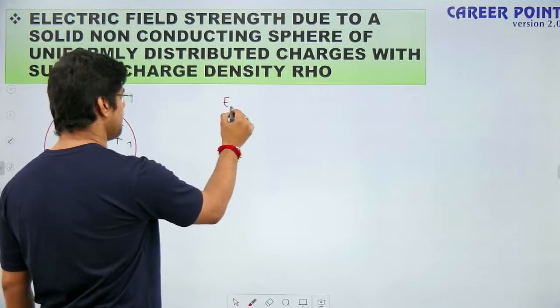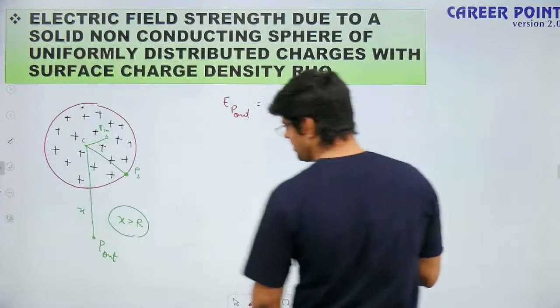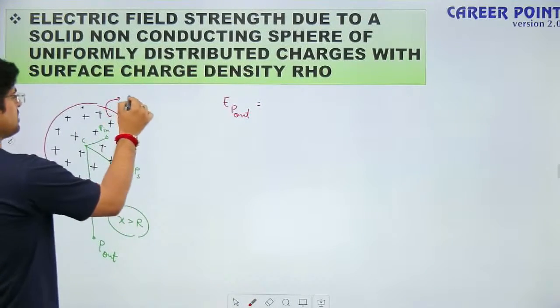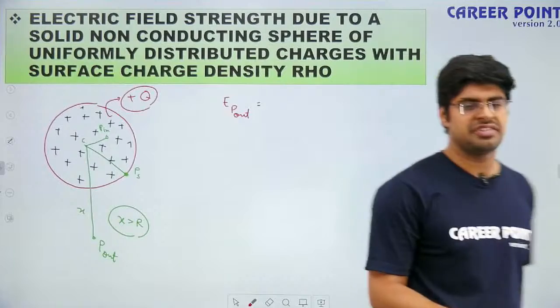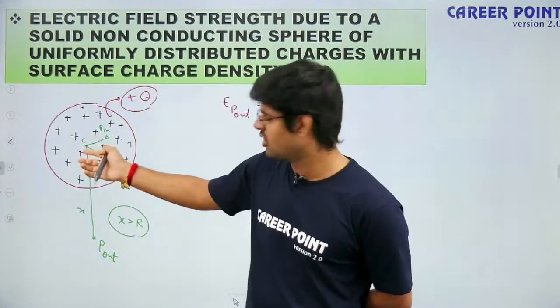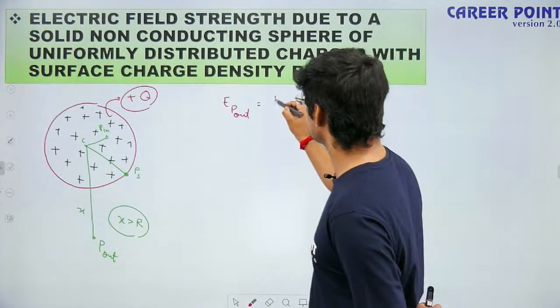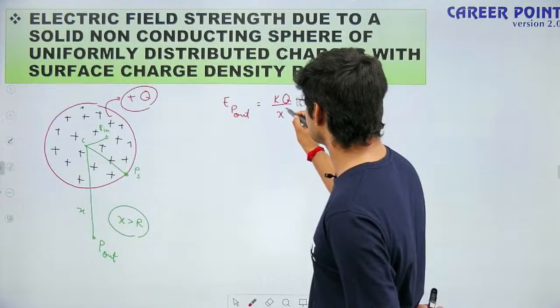Now we have to find the electric field at different points. Electric field at the outside point I am writing first. The whole charge will be assumed concentrated at the center. Let's say the total charge is plus Q. So electric field at P outside will be equal to kQ divided by the square of the distance of the point, that is x square.